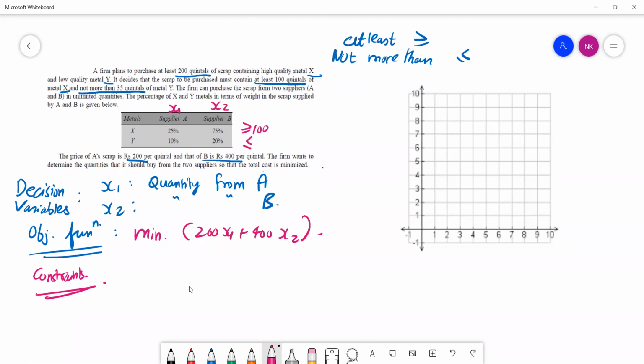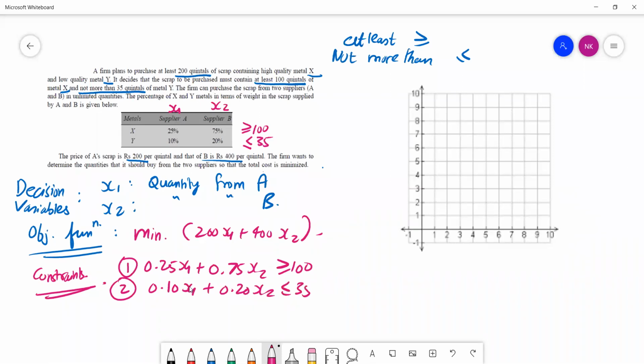And for Y, our purchase should not be more than 35 quintals, so it should be less or equal to 35. Generalizing, 0.25 x1 plus 0.75 x2 must be greater or equal to 100. Second, 0.10 x1 plus 0.20 x2 should be less or equal to 35.